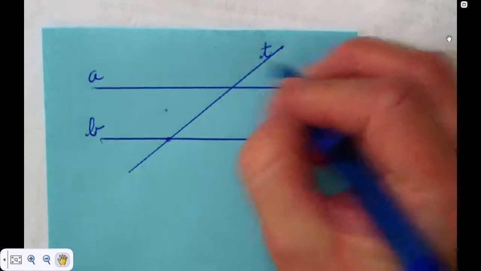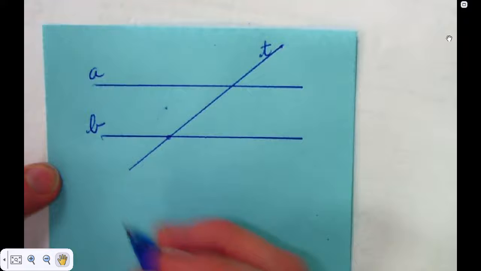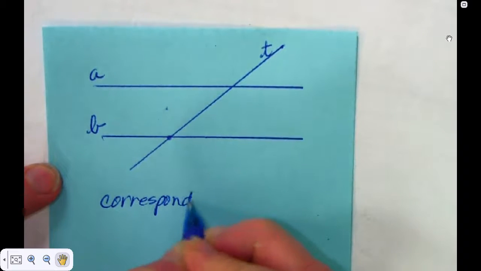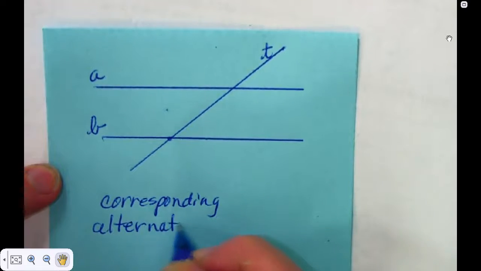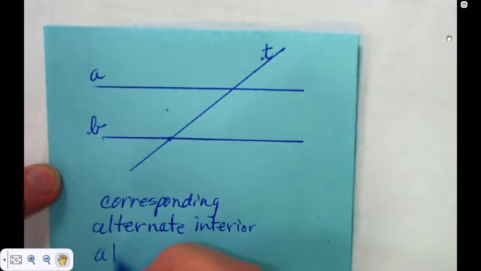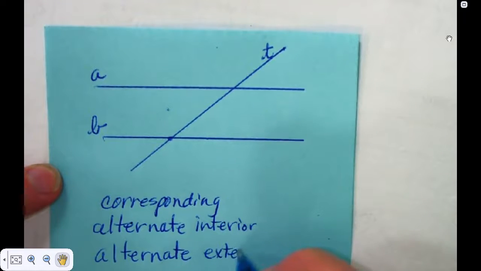Put your measurement in each angle, and then you're going to come down here below. You're going to write corresponding, alternate interior, alternate exterior.